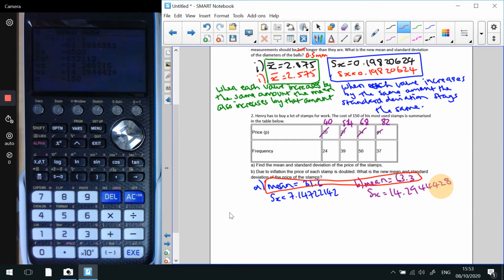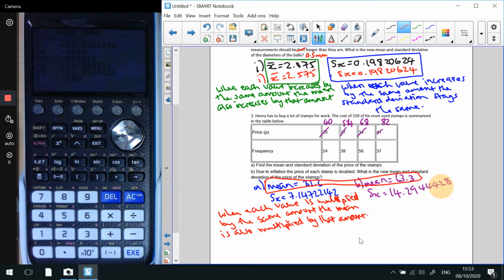So I'm suggesting that when each value is multiplied by the same amount, the mean is also multiplied by that amount.